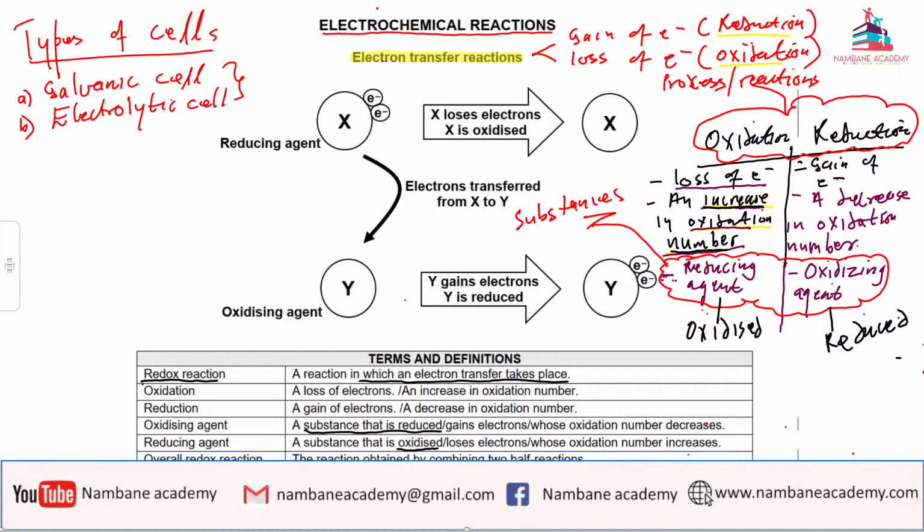So oxidation we define as a loss of electrons. Furthermore, we define reduction as a gaining of electrons. But there's one other critical thing that we need to understand. An increase in oxidation number is also regarded as oxidation. Furthermore, the substance that is losing electrons, we call a reducing agent.